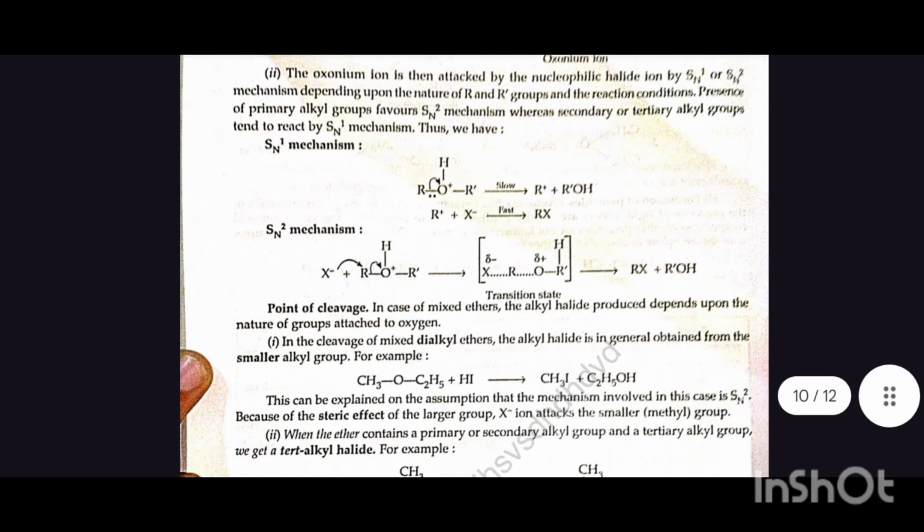Thus, we have SN1 mechanism: ROHR' in a slow reaction gives R+ plus R'OH, then R+ plus X- gives RX in a fast reaction. SN2 mechanism: X- attacks ROHR' giving a transition state and then gives RX plus R'OH.